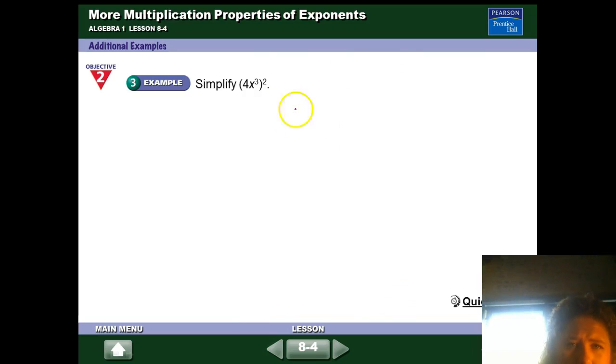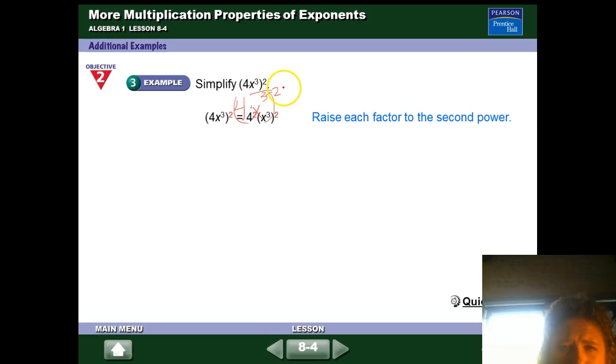Let's take a look at another example. So inside my parenthesis, I have 2 terms, 4 times x cubed, and I need to square this whole thing. So the shortcut is distribute that squared through. So, as you can see here, they took that 2, gave it to the 4, and then as well x to the cubed.